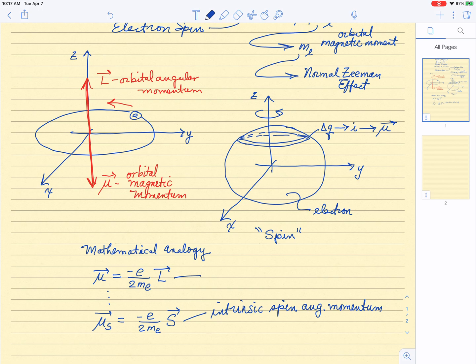L now, right, being the orbital angular momentum.